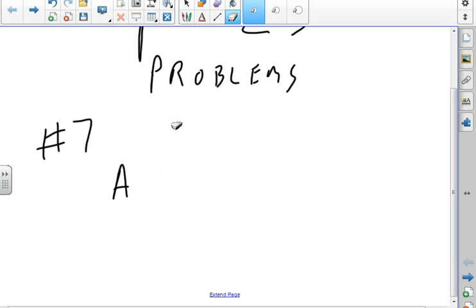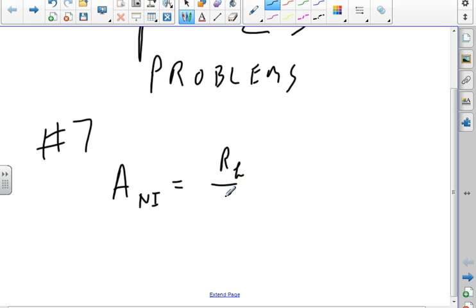Non-inverting amplifier gain, RF divided by RF plus 1. So RF1 over RF2, right? Or is it RF2 over RF1? Oh, it's RF1 over RF2. Yeah, that's what I thought.